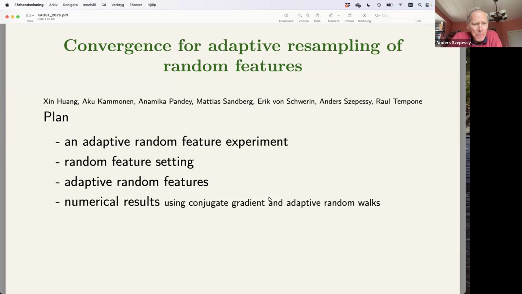I will first give you an experiment of adaptive random features, and then background on random features from the beginning, and what is the adaptive random features now, and then some numerical results.